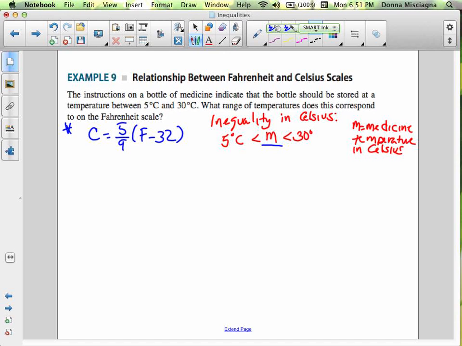In other words, if we just replace that with what the temperature would be in Fahrenheit, 5/9 times F minus 32, right? That relationship between Celsius and Fahrenheit, then we can solve this one for F, because F is going to be the temperature in Fahrenheit.